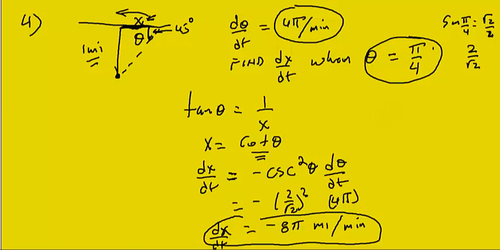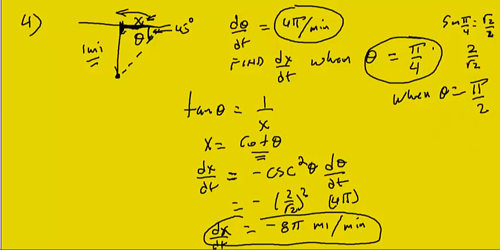So now, here comes the second part. How fast is the light beam traveling along the shoreline at the instant the beam makes a 90-degree angle? Right here. So they want to know how fast it's going when it hits that point right there. So that means when θ is equal to π/2, let's plug it in.